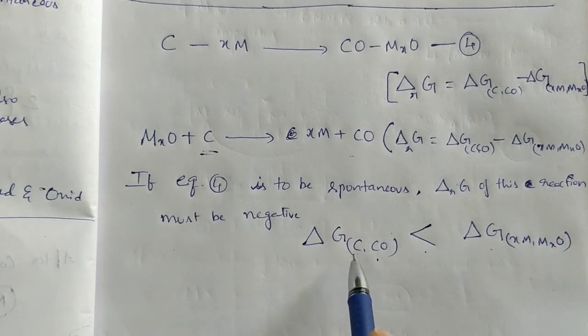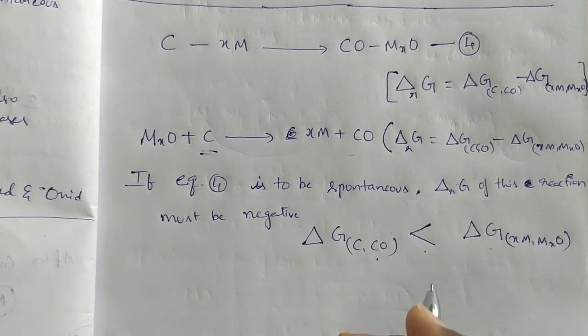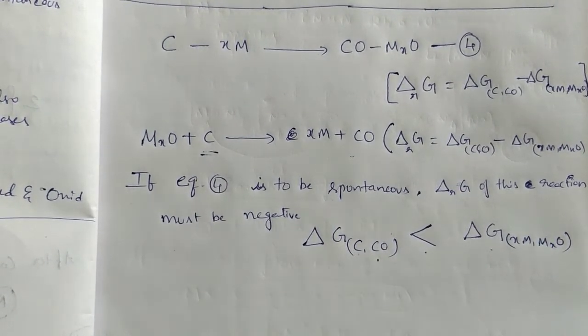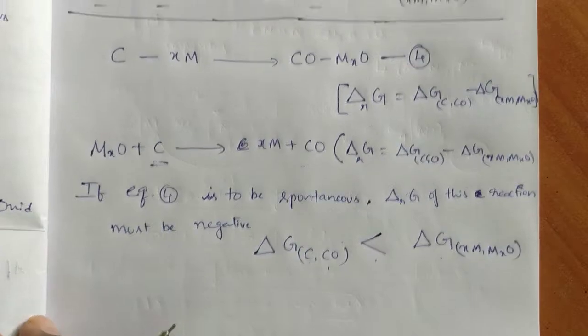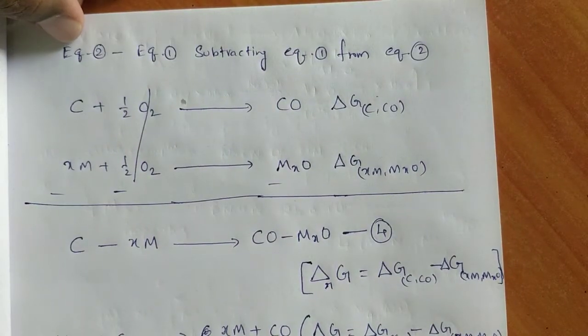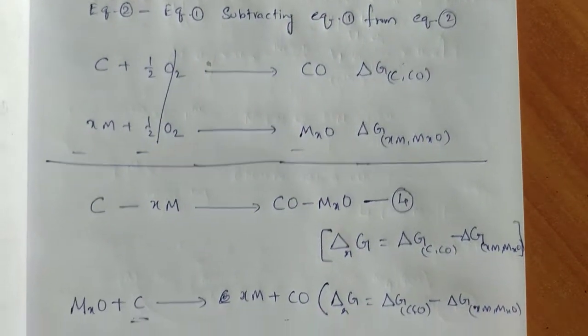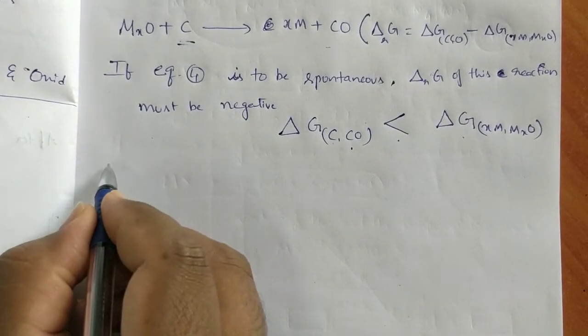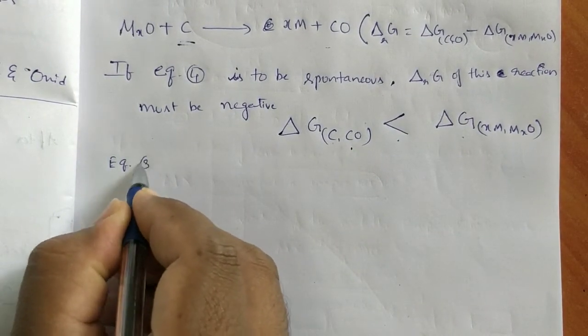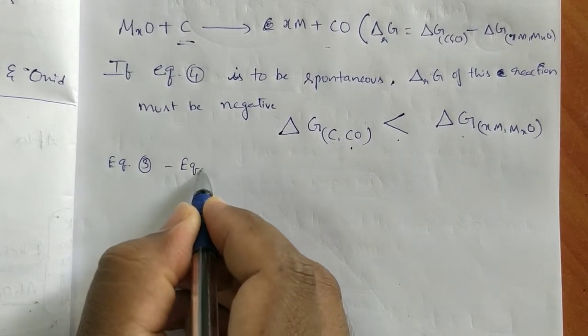Not only carbon. If you take another one, for example equation 3, let us consider. Now what am I going to do? Here we have done equation 2 minus equation 1. Like that I am going to take equation 3 minus equation 1.